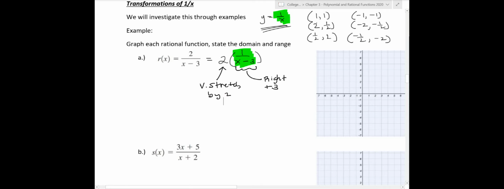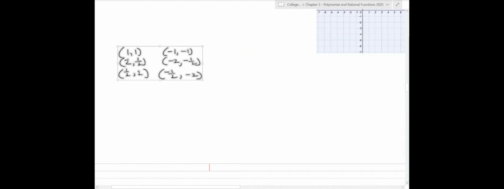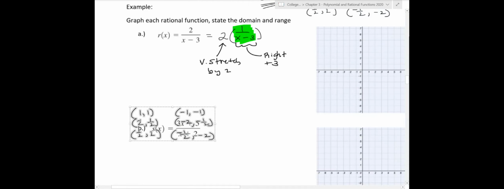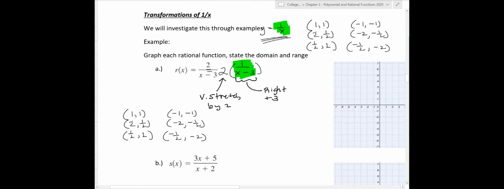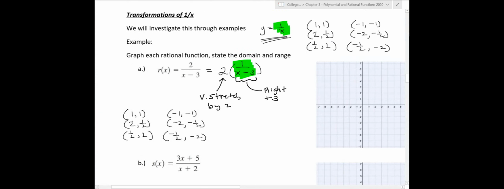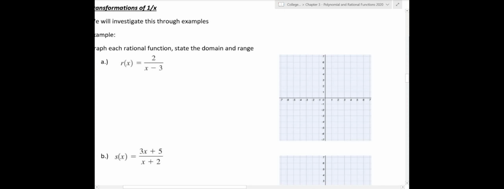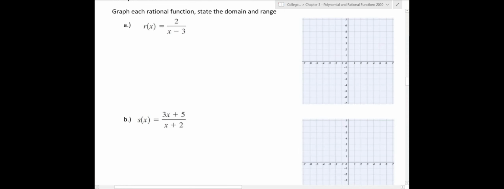Okay, so if we've got these ordered pairs, Control C, Control V. If these were the ordered pairs on our parent function, why won't it let me grab those?